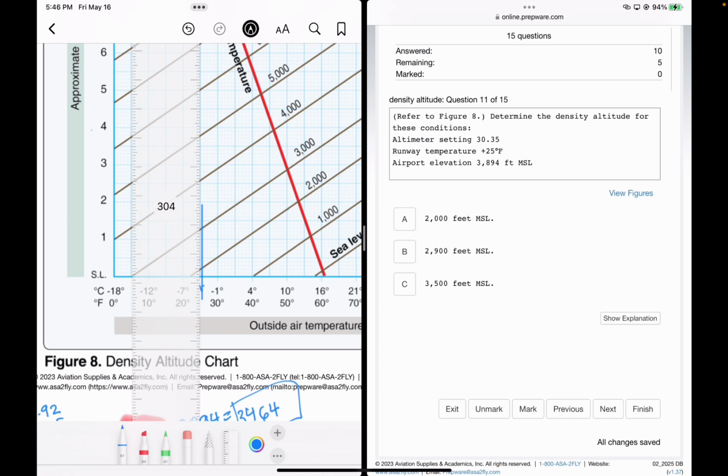Because I sure don't know. I eyeball it. So I think this is 3,500. If I go a little bit lower, I probably have to erase that. Maybe that is 3,464.